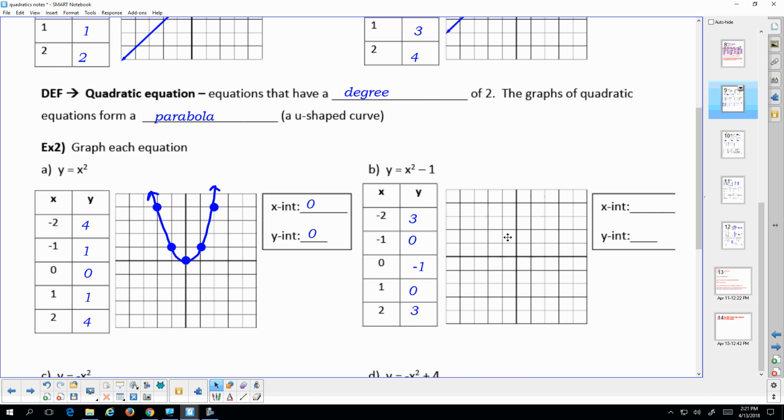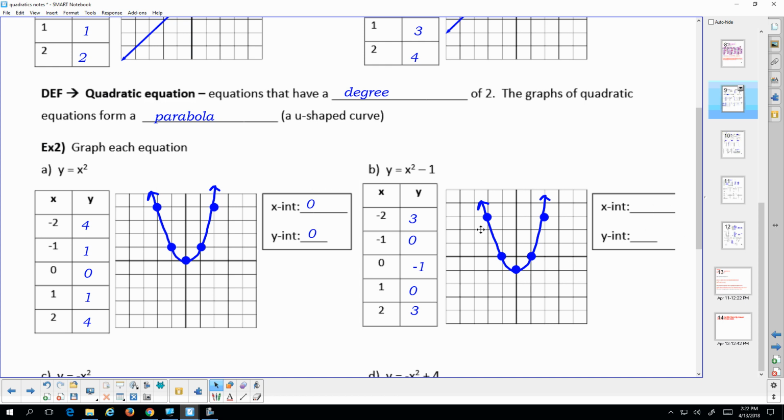So let me plot these points. I've got -2, 3. That's my first point. Over -1 up 0. Over 0 down 1. Over 1 up 0. And over 2 up 3. And there's my U shape again. Let me connect the dots. And now let's talk about our x and y intercepts.